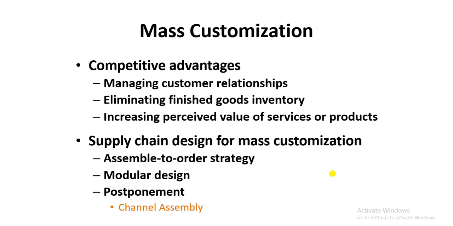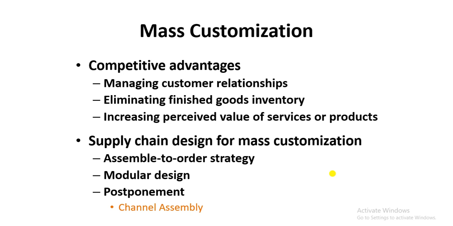Next, what are the things which need to be considered for the design of the supply chain if you are using the mass customization strategy? In mass customization, a company will choose the strategy called assemble to order.